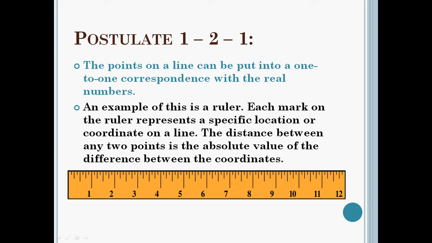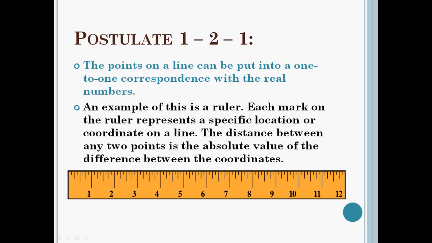The best example would be to think of a ruler like a line. Each mark on the ruler represents a location or a coordinate, a point on a line. The distance between any two points is the absolute value of the difference between those coordinates.